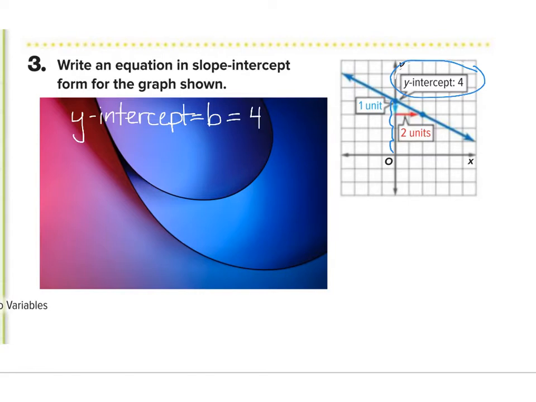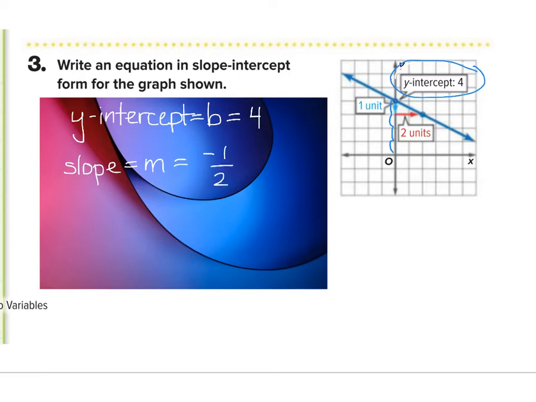Okay, so now I need to find the slope. So the slope, if you go from this point to this point, you go down 1 unit and to the right 2 units. So negative 1 over 2. So slope equals m, which equals negative 1 over 2.